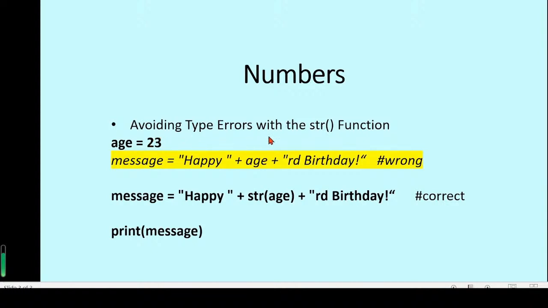Avoiding type errors with the str function. So age is 23. Next, if we create a string variable called message equals happy plus age plus birthday, then it will have an error because Python does not allow you to add a numeric variable with a string directly, so you have to transform this numeric variable to the type string before adding together.